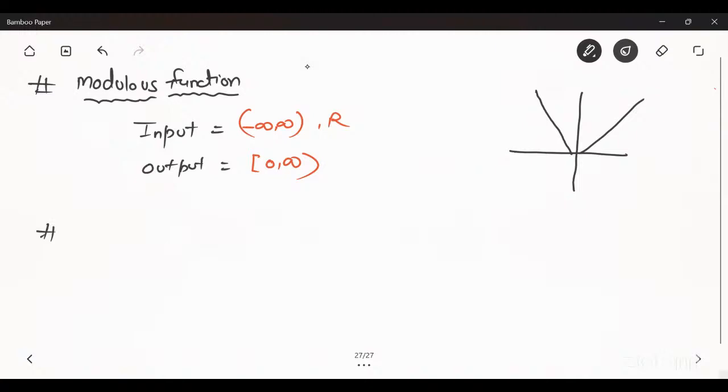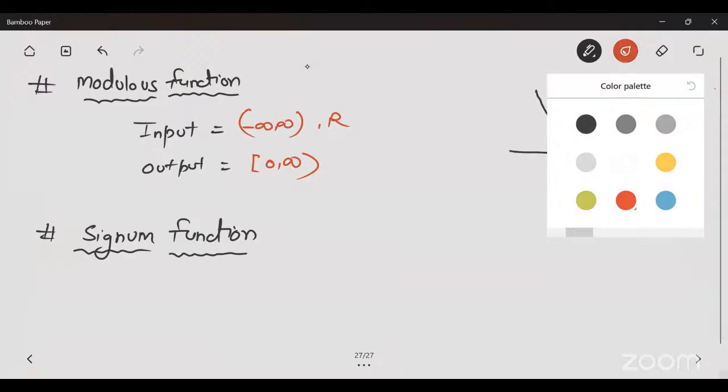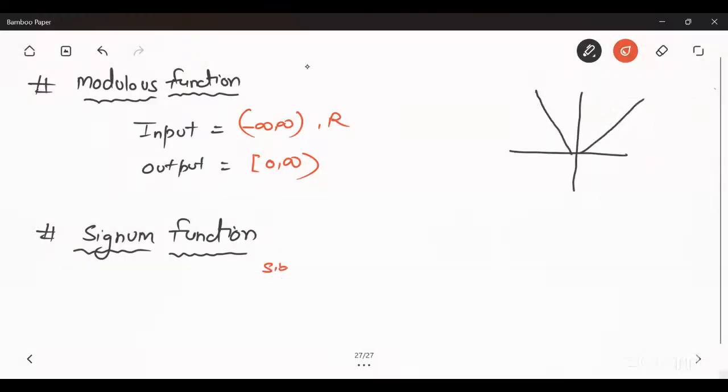Now next is the signum function. So what is a signum function? Signum function is denoted by sgn x. It gives only three values. If we put any positive number, you will get 1.